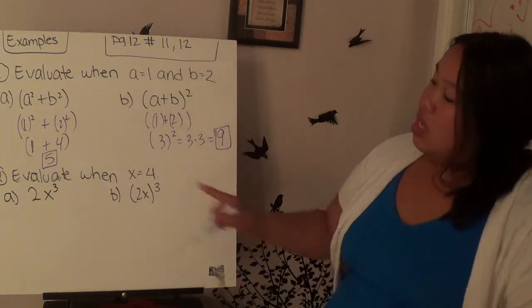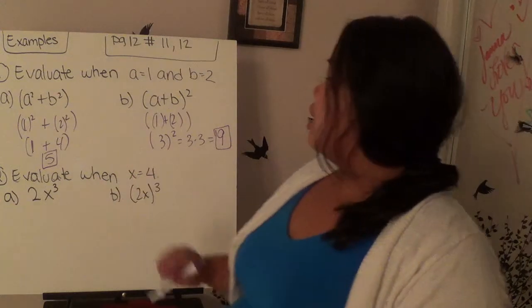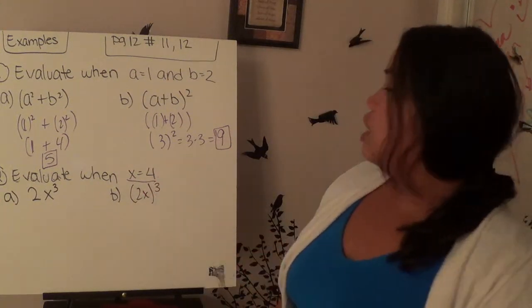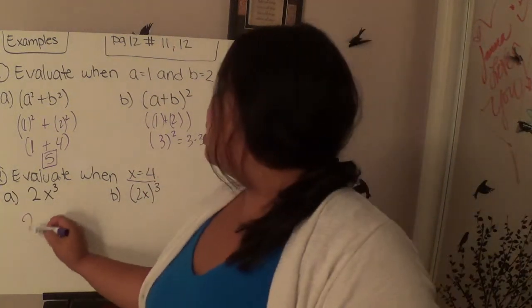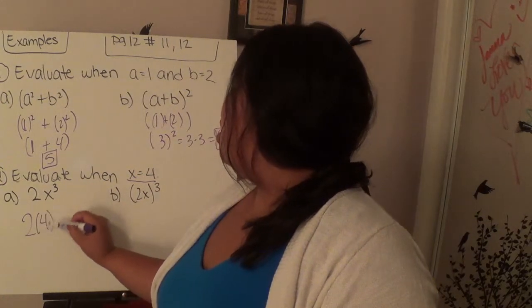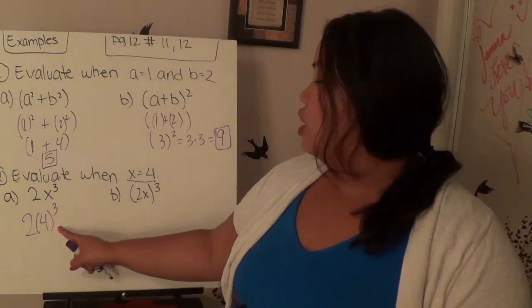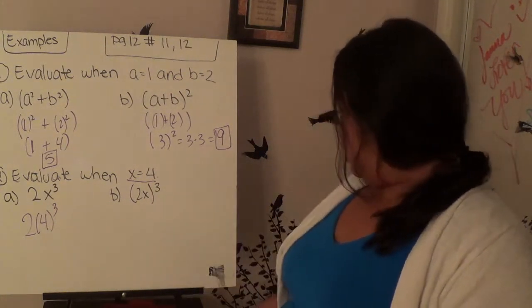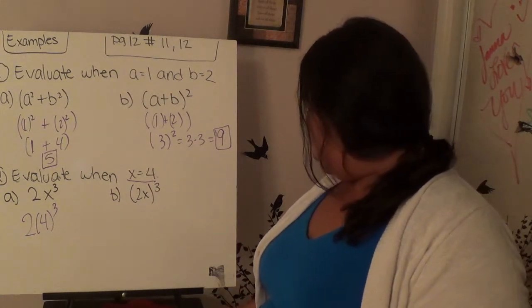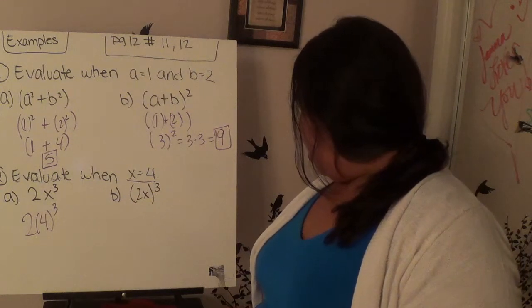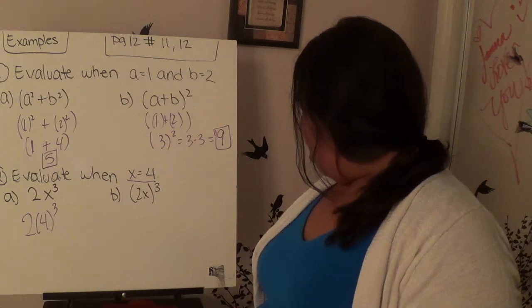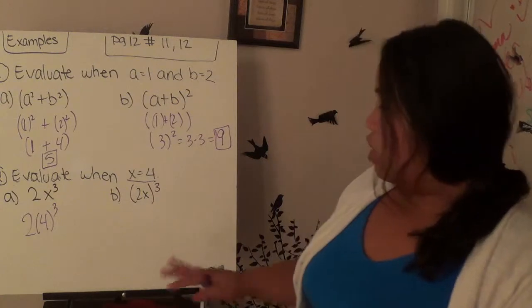Okay? The next one is to evaluate when x equals 4. So now my variable is x equals 4. So I'm going to take this, and I'm going to go ahead and plug it in. Okay, so that means 4 times 4 is 16 times... 16 times 4, not times 32. It's not 32, it's 64.